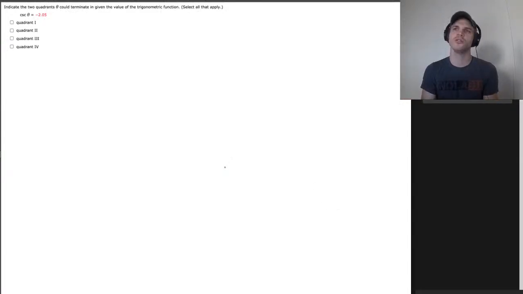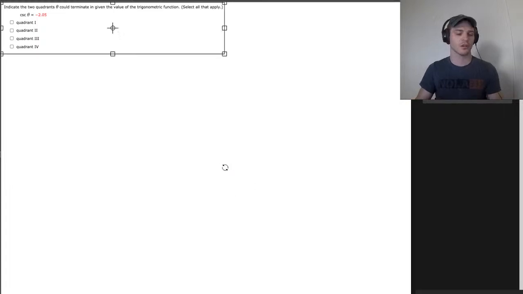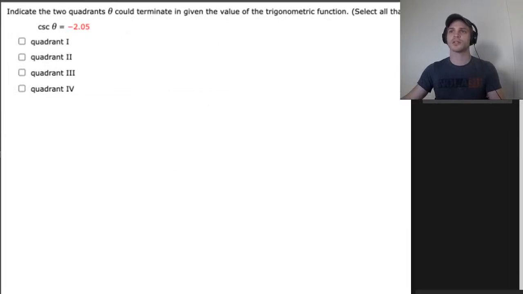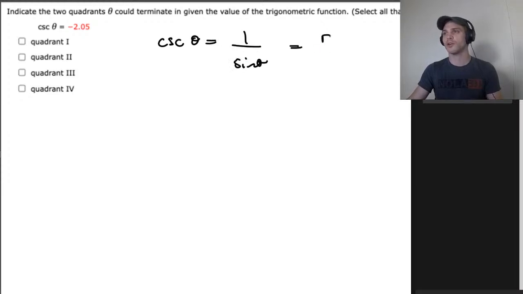Indicate the two quadrants theta could terminate in given the value of the trigonometric function. So here cosecant is negative. Cosecant is the reciprocal of the sine function. So cosecant of theta is equal to 1 over sine theta, which is equal to, instead of y over r, r over y.